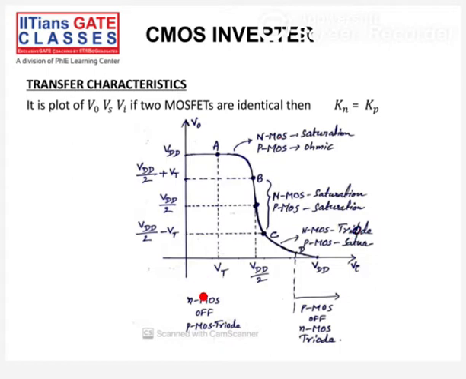The PMOS will be the opposite of the NMOS. It starts from off region here, then enters triode region, then ohmic region, then it will be in saturation region, and finally it will be in off condition.